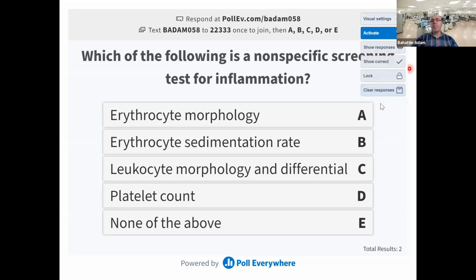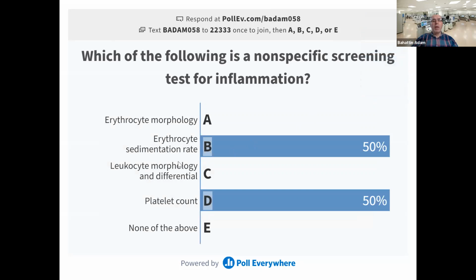Erythrocyte sedimentation rate is the correct answer. It is a traditional, common laboratory test in hematology departments, but a non-specific screening test for inflammation.